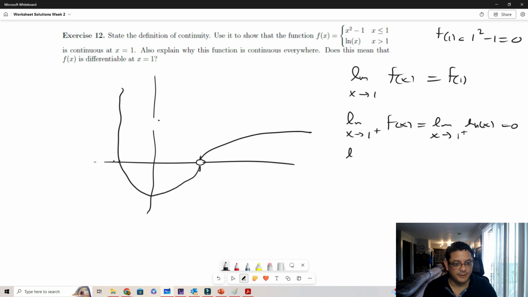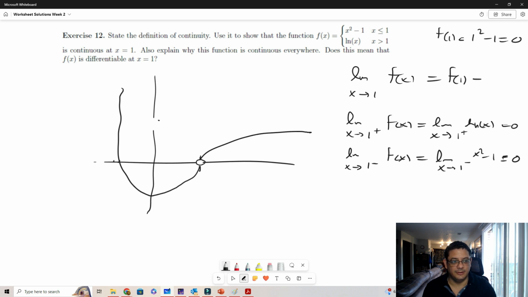And the limit from the left of f of x is x squared minus 1, which is also 0. And so in this scenario, both lateral limits coincide.